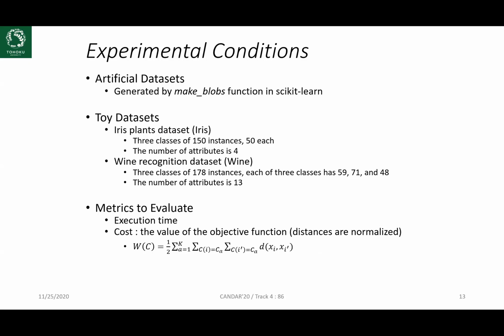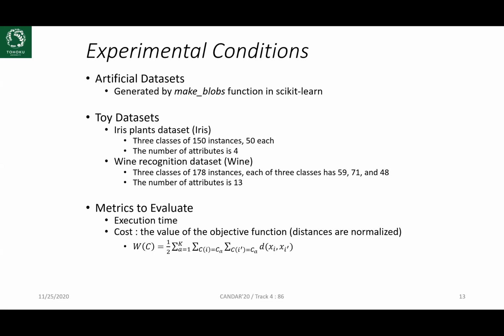In Iris, there are 3 classes of 150 instances, 50 each, and the number of attributes is 4. In Wine, there are 3 classes of 178 instances. Each of the 3 classes has 59, 71, and 48 instances, and the number of attributes is 13.